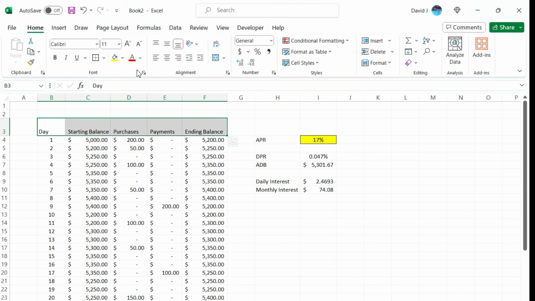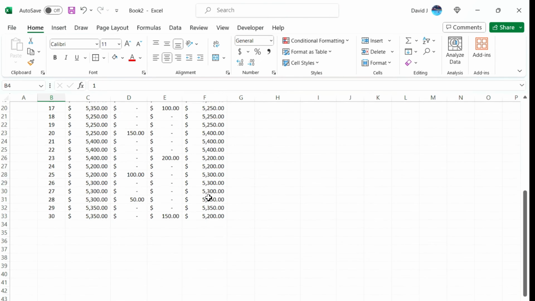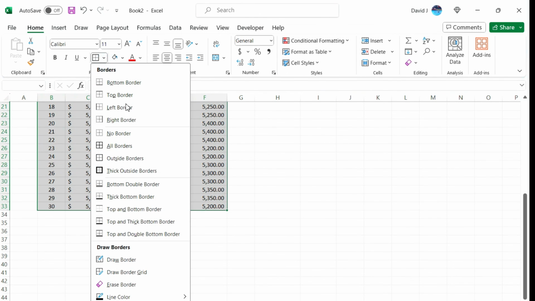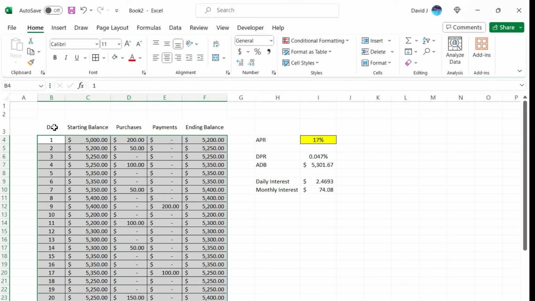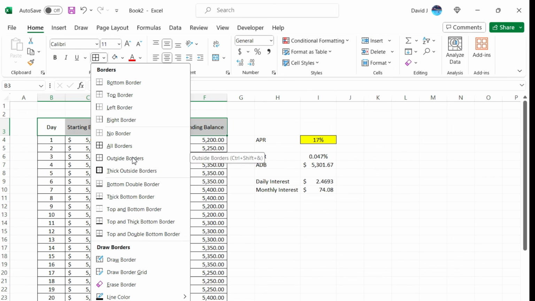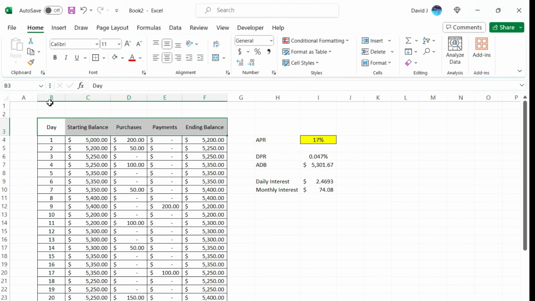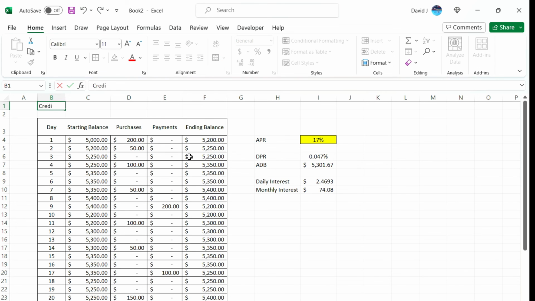But other than that, this is how you can create a really simple calculator to determine your interest expenses over the course of the month. So the benefit of doing this way, obviously you can do it manually and just do a one-time calculation, but by doing it this way, you can create, I'll call it, a credit card interest calculator that you can reuse over and over again for your purposes.